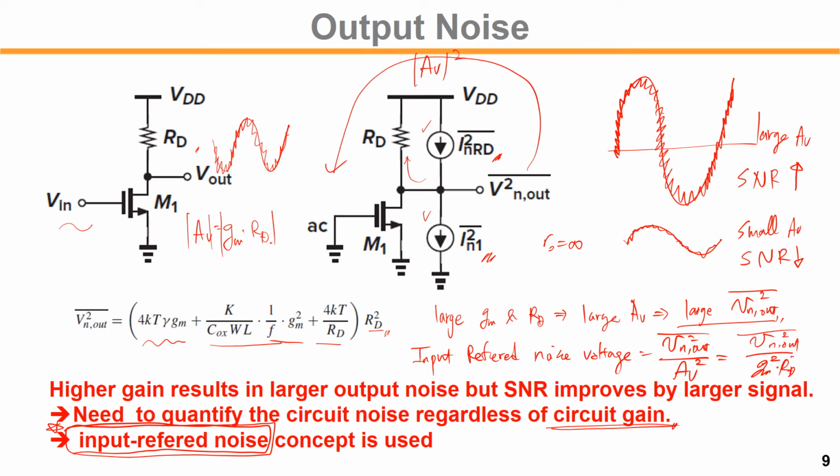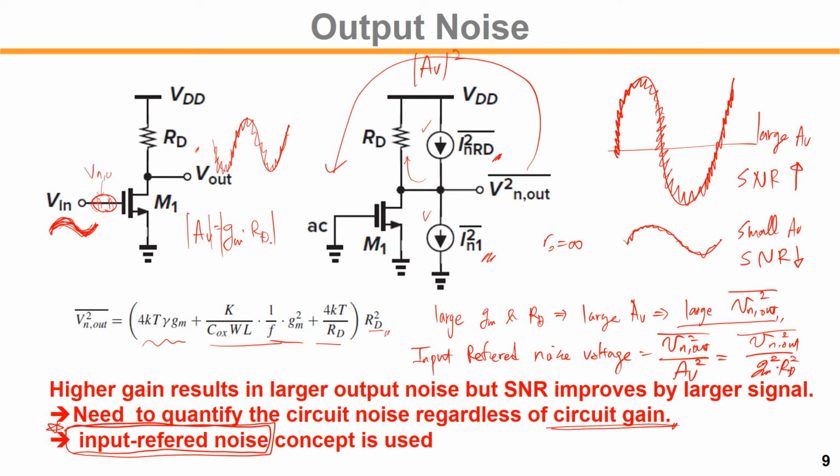So we use that input referred noise voltage. For any circuit, you would assume the same input signal size, right? On the output side, the output signal depends on the circuit gain. But if you move the noise onto the input side, we can easily compare with the same input signal and see how large the noise voltage is.